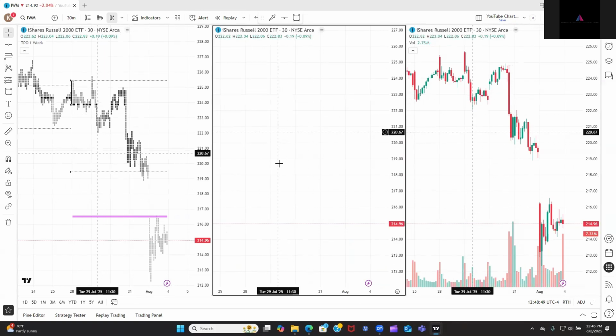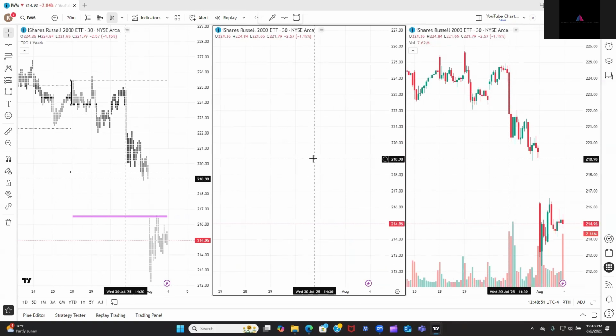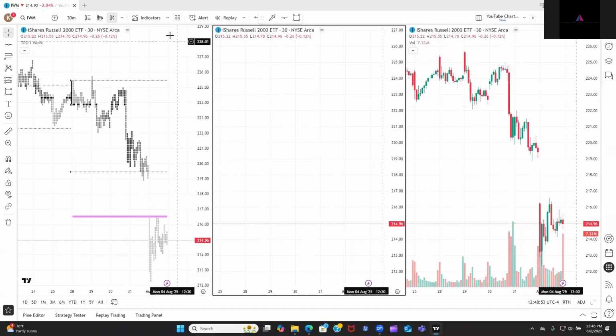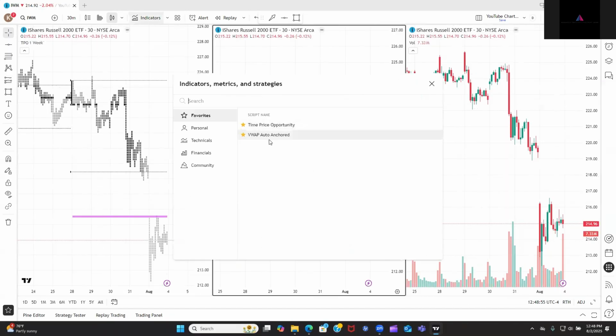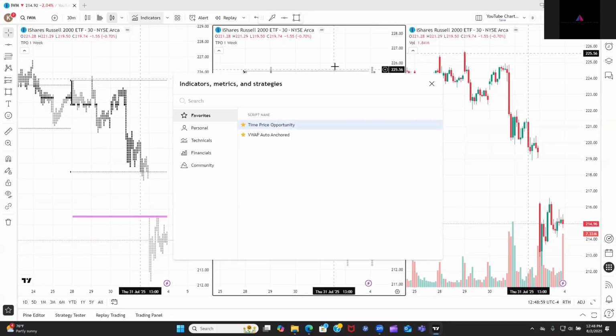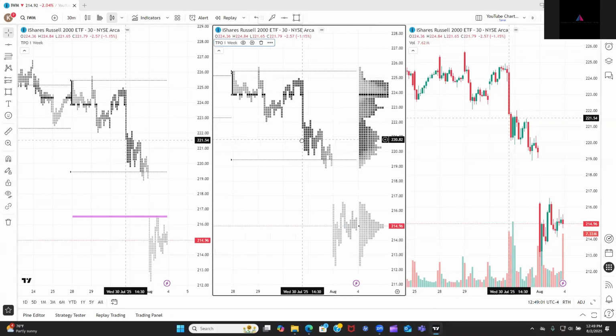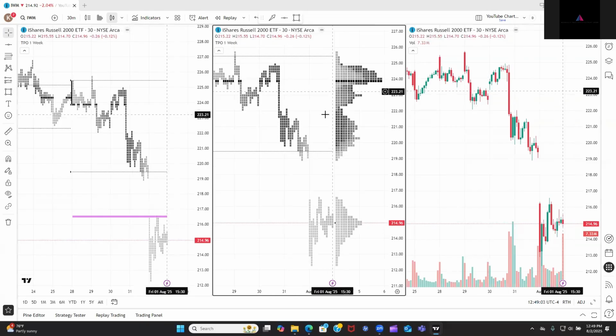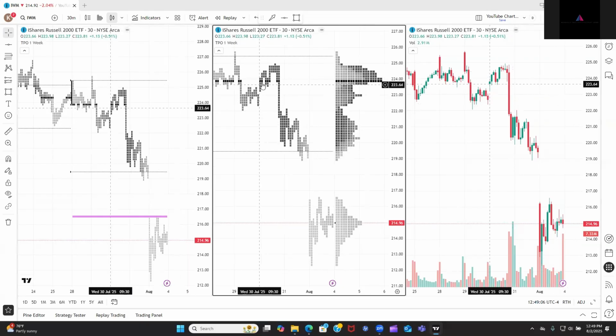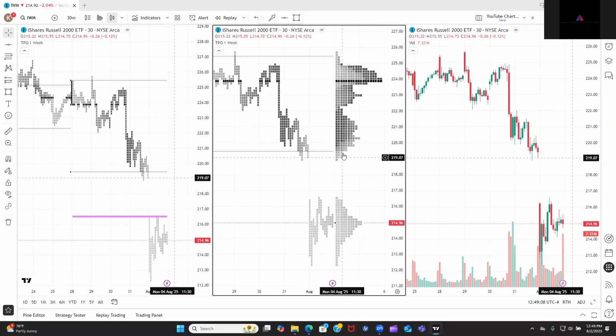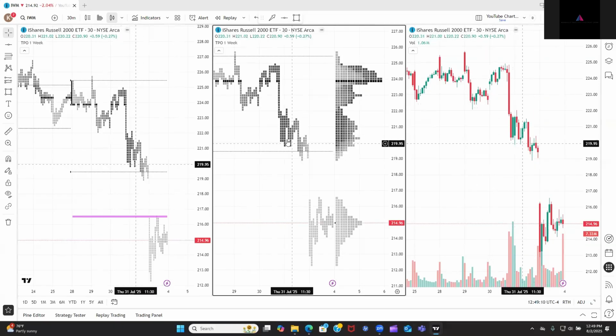So now that we have a blank screen, let's go into indicators and add our time price opportunity. Let that load. Okay. So it has standard for the week. I'm sorry, for the day, and then each one is going to show a day because we have it. Oh, I'm sorry, we have it still on week.